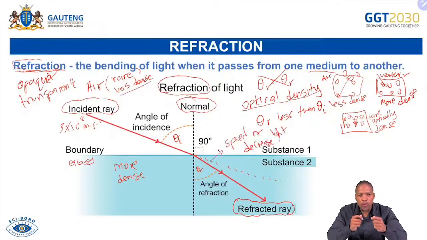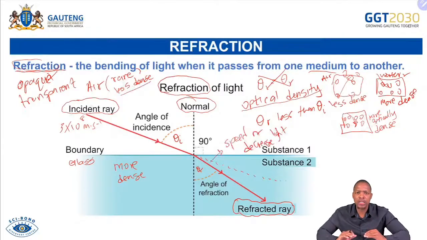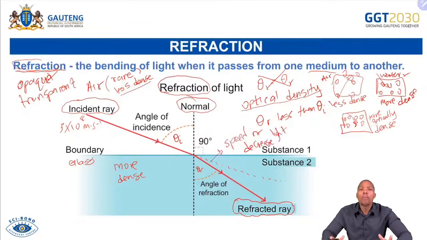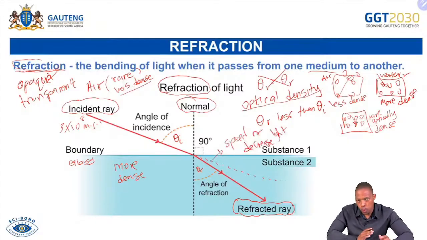Because light was moving from an optically rare medium, or an optically less dense medium, to an optically more dense medium, as it entered the optically more dense medium, its speed decreases, and this decrease in speed caused it to bend, and it will bend towards the normal, okay? So we can now make a conclusion to say, whenever light is traveling from an optically less dense medium to an optically more dense medium, the expectation is that the light ray will bend towards the normal.